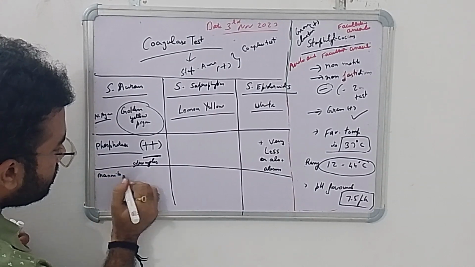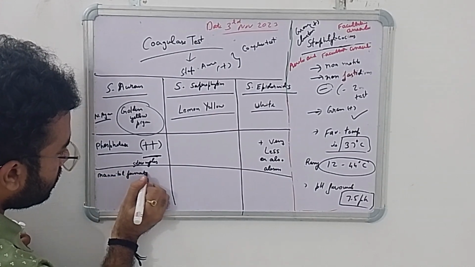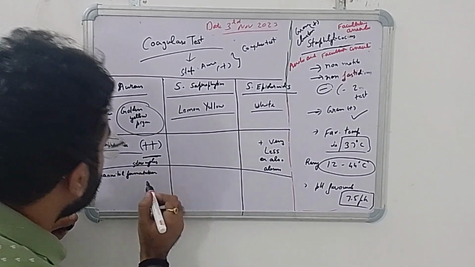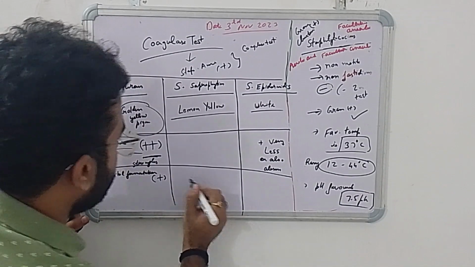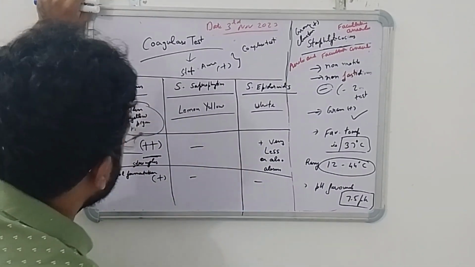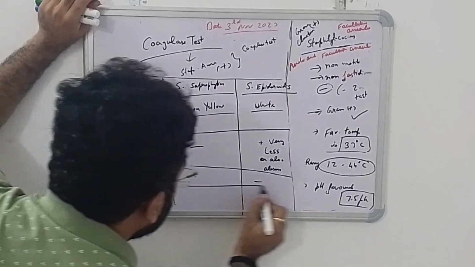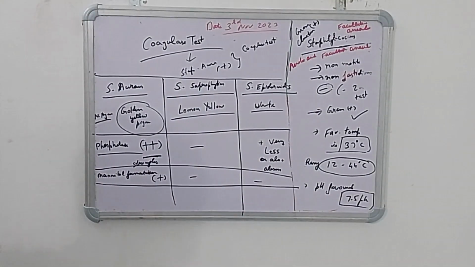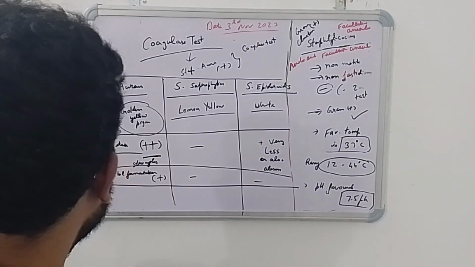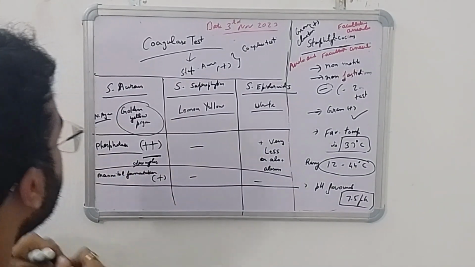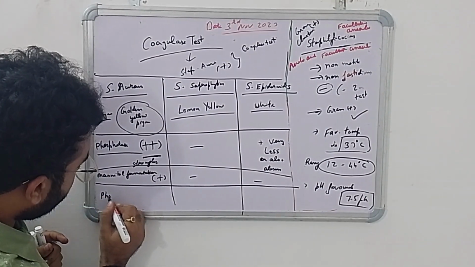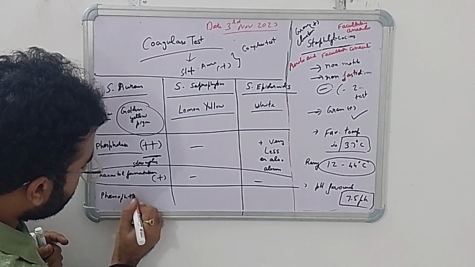There is also mannitol fermentation. It is positive, negative, and phosphatase is negative in saprophyticus. These three species can also be distinguished this way. Now we also have the test named the phenolphthalein test.